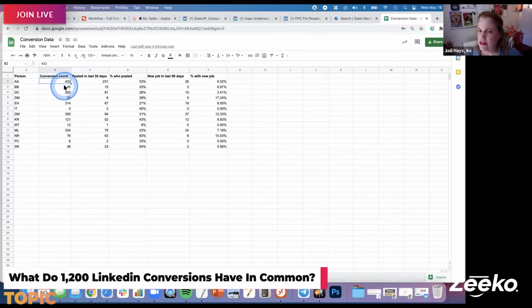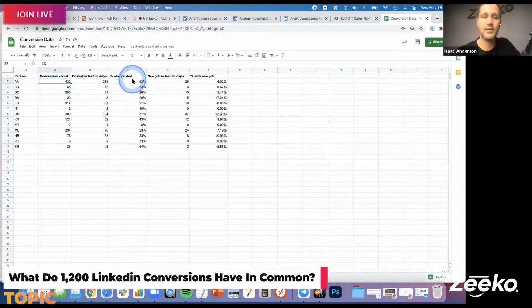So this is how many conversions happened. 432 people converted. 230 of them have posted in the last 30 days, which is about 50%.